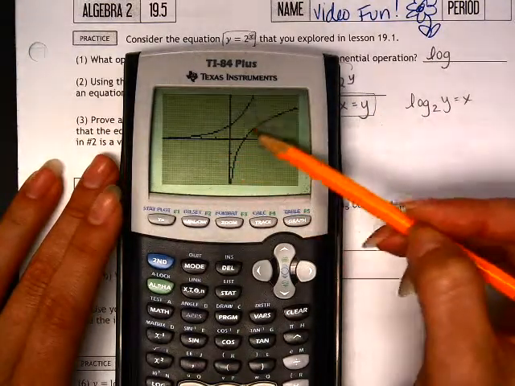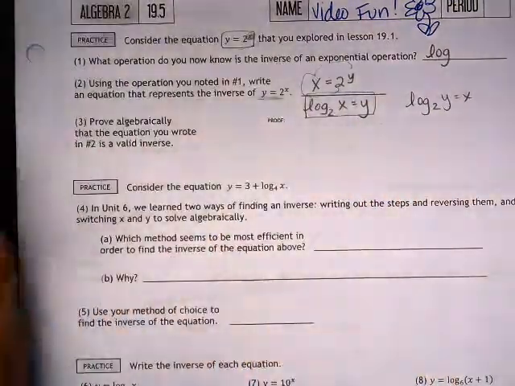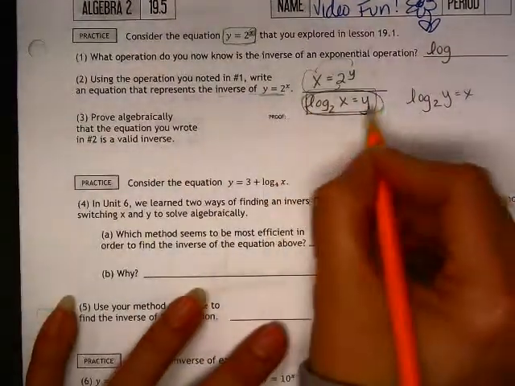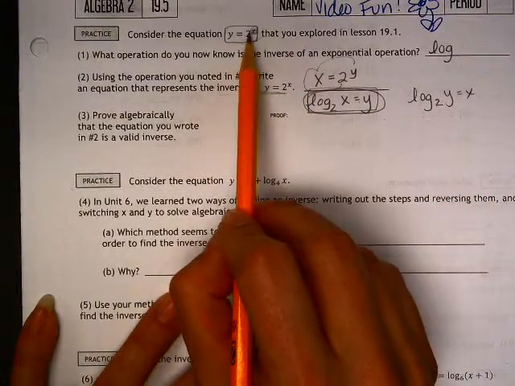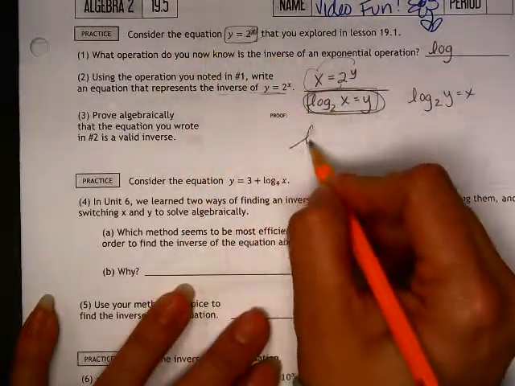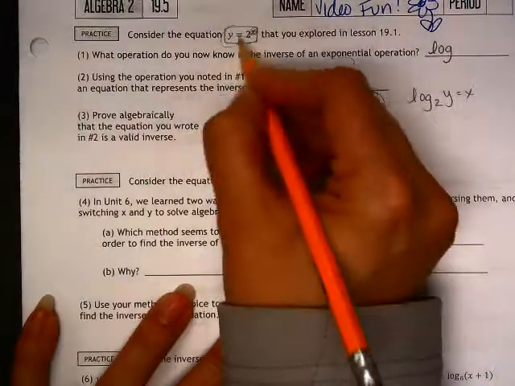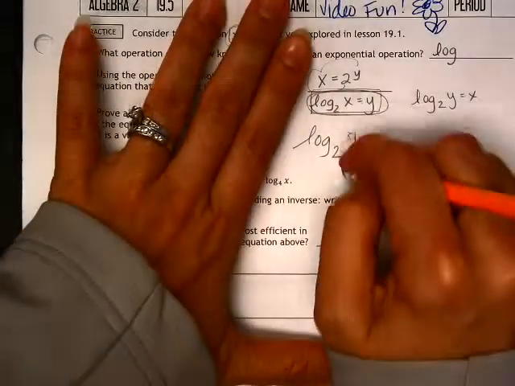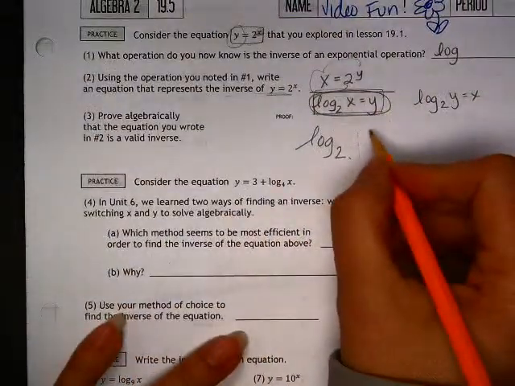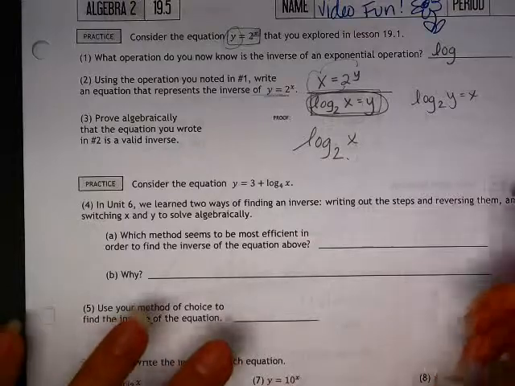So if I were to kind of fold these over on each other, they all nicely match up. So this is the inverse to it. The other way of looking at it is if I want to undo that, I do log base 2 of x, sorry. And that kind of undoes it.